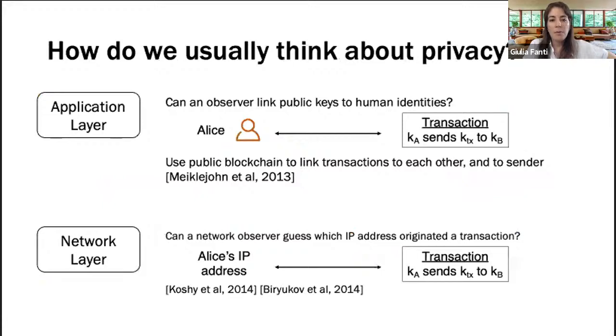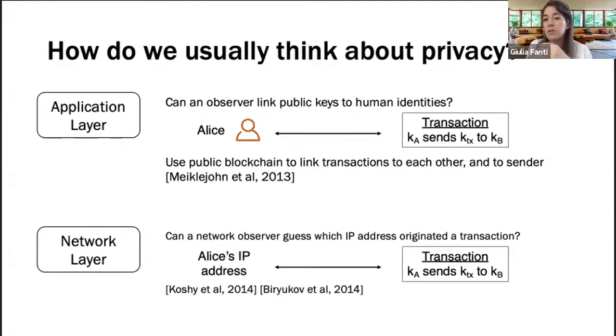When we think about privacy in blockchains, typically there are two variants of privacy that we think about. First is at the application layer. Here, the idea is that we want to ensure that a transaction cannot be linked to Alice's human identity. This has been the bulk of the focus of research in this space.